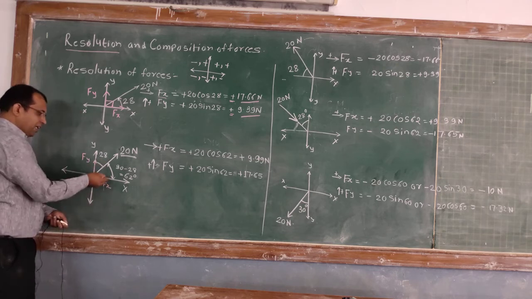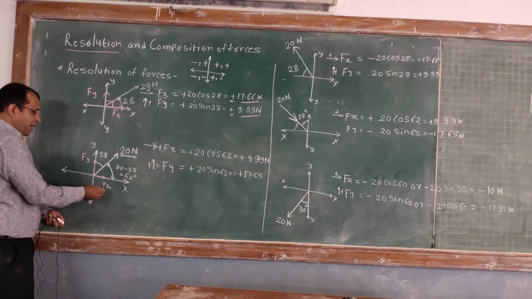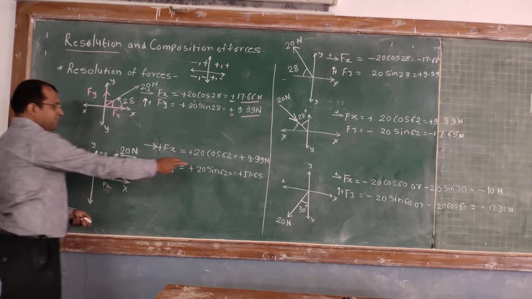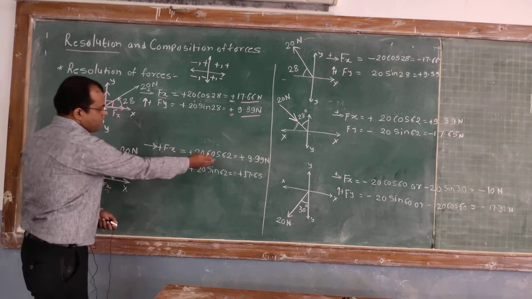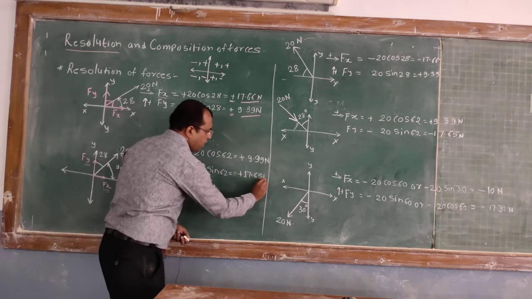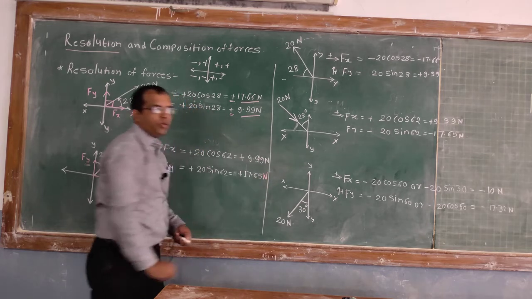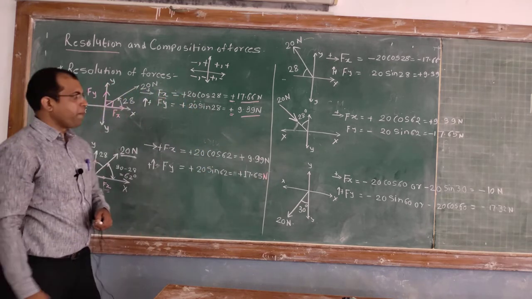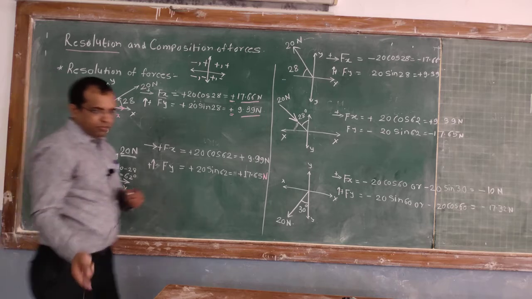It is again in the first quadrant, therefore the x component is positive, and the y component is also positive, that is 20 sine of 62. So the answer is in front of you, 9.39 and 17.65. Please mention its unit. The unit is Newton here. If it is in kilonewton, you have to write kilonewton.